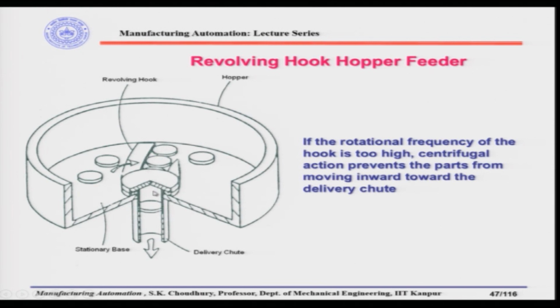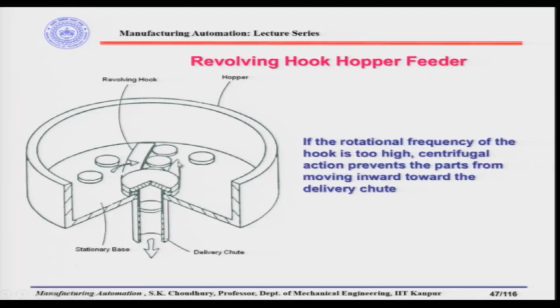At the center there is a hollow cylinder, and that hollow cylinder acts as a delivery chute. Through that hollow cylinder the parts will be fed to the assembly machine. Here, of course, the revolving hook velocity is very important, because if the hook rotates at a very high velocity, the parts will not be guided to the delivery chute.